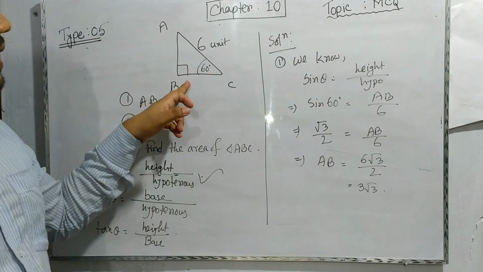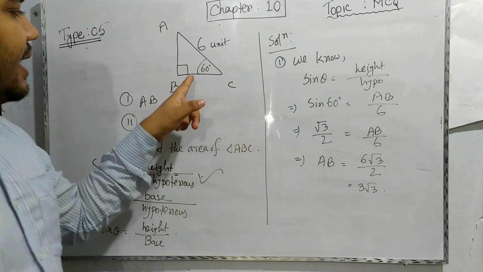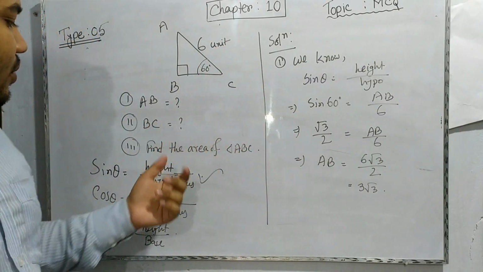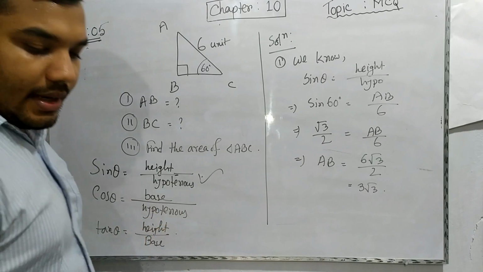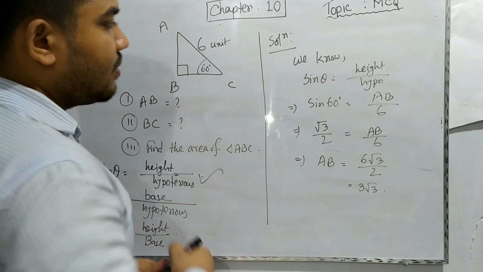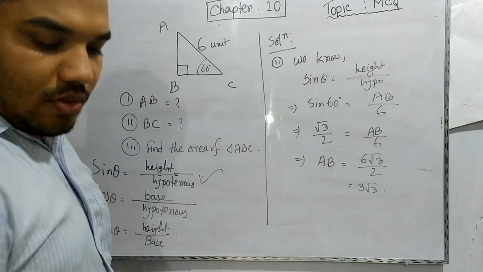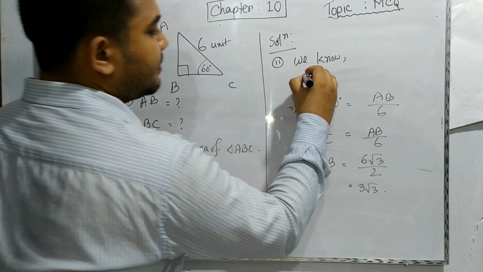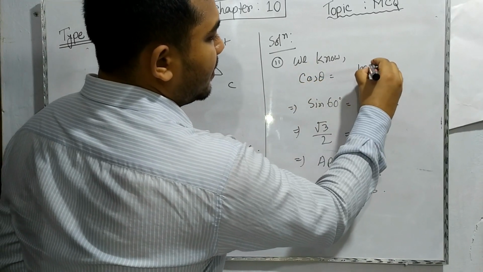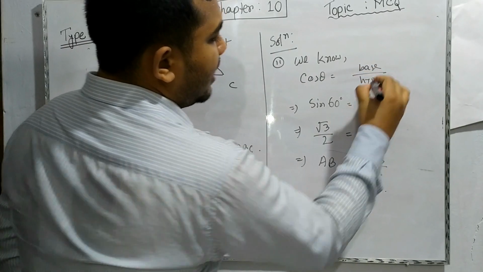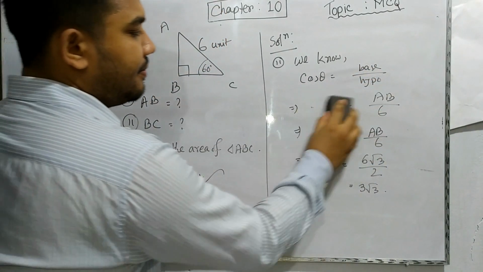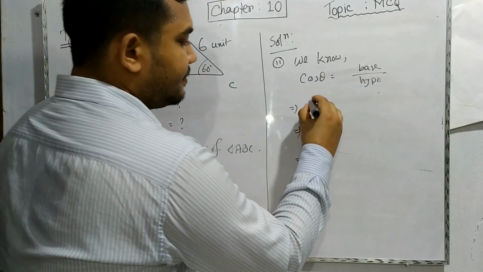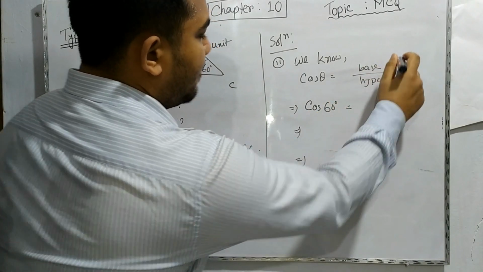Our second question says find the value of BC. In a similar way, here BC is our base and we have the hypotenuse. Then we'll go for the formula of cos theta, which equals base by hypotenuse, where cos 60 equals base over hypotenuse.